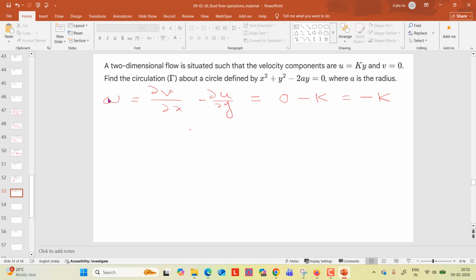This is a circle, right? A is the radius, so area equals pi a square. Then the circulation is just omega z into area, and it will be minus k pi a square. So this is your answer.